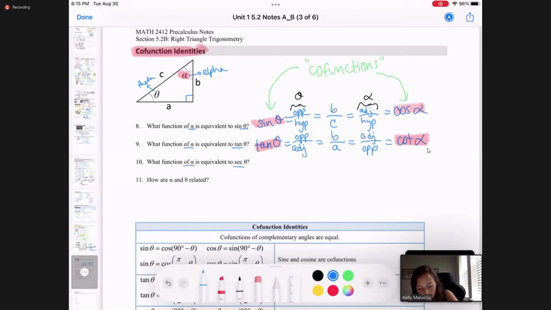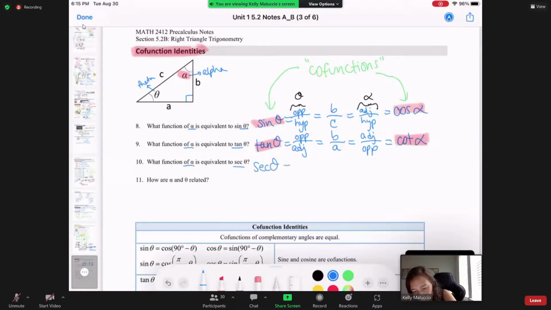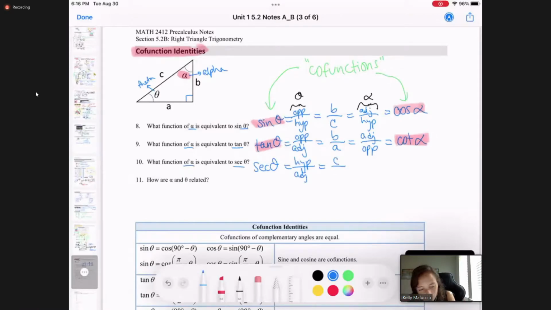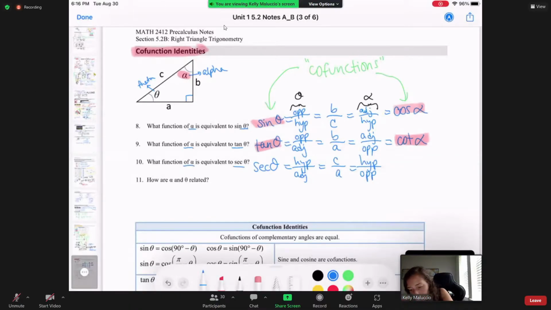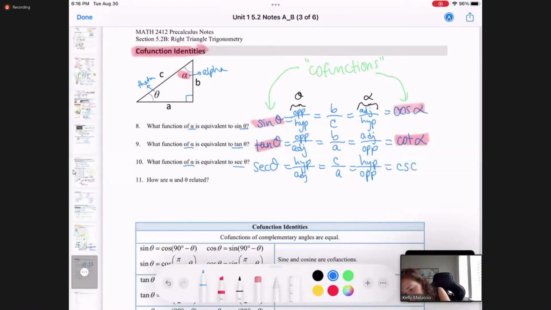And then we have our last one. Secant theta is going to be hypotenuse over adjacent, which is little c over A. For alpha, it is still hypotenuse, but over opposite. And that means hypotenuse over opposite is cosecant.